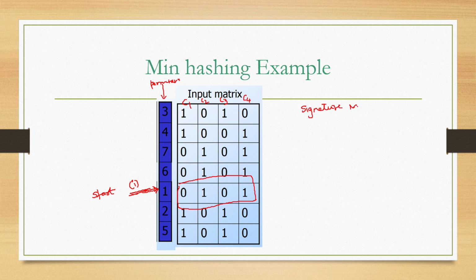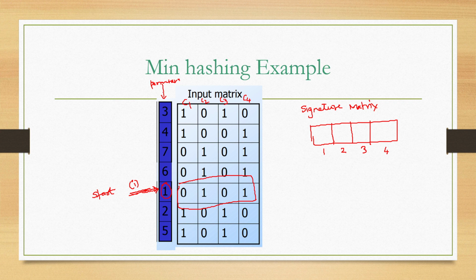To find the signature matrix, this is our signature matrix. It will also contain as many columns as are here, so it will be of size 4. And again we'll write 1, 2, 3, 4 here. To fill this signature matrix, we start with this 1 because this is where we are starting from.